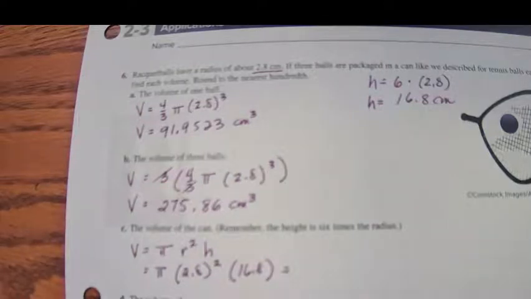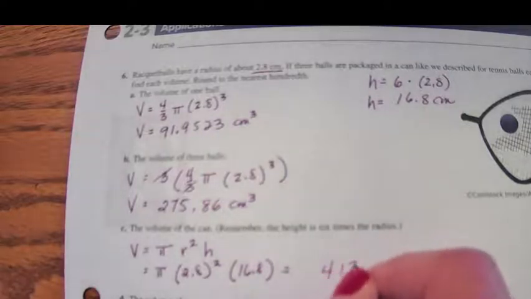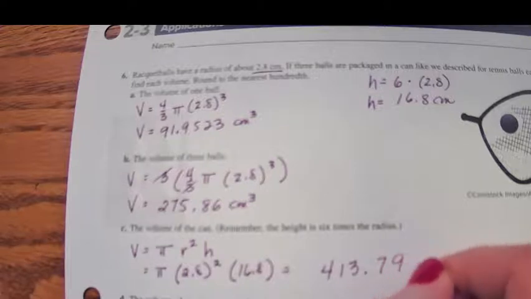Pi times 2.8 squared times 16.8. The volume of the can is 413.79 cubic centimeters.